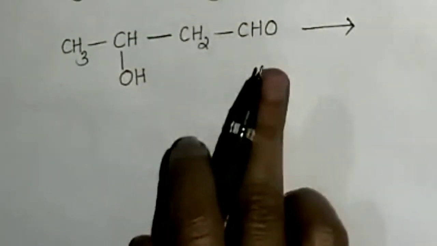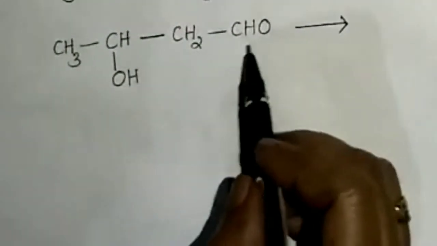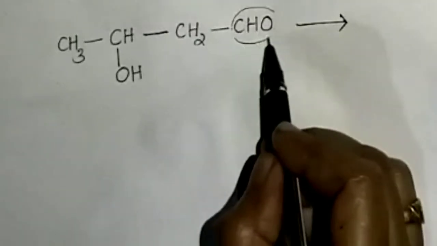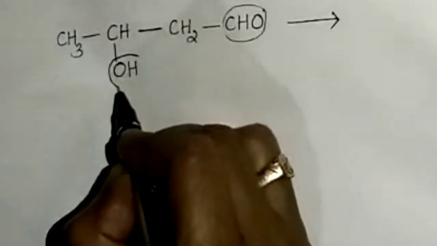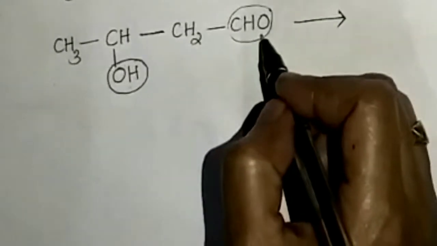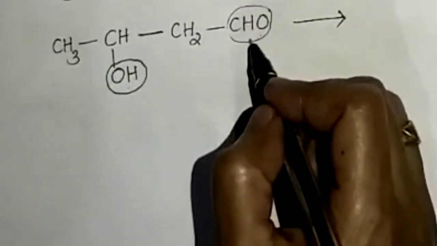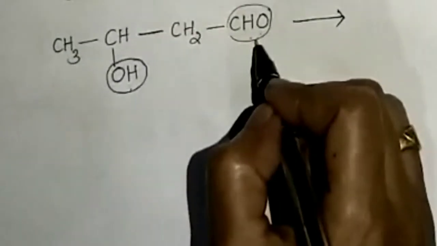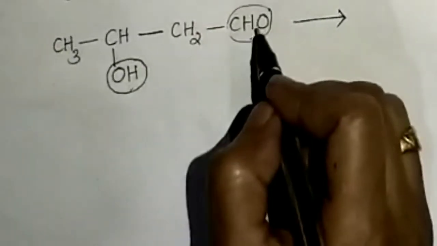This is known as aldol because it consists of an aldehydic functional group and an alcoholic functional group, aldehyde and alcohol. So it is known as aldol.